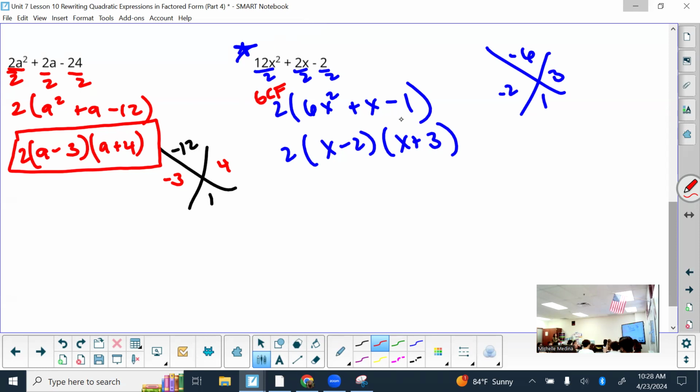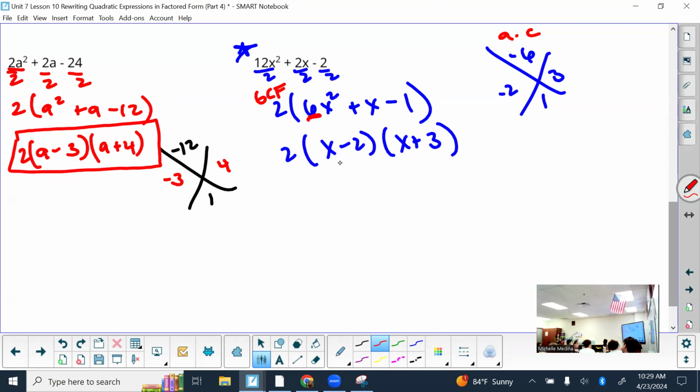Here's what I got from factoring it out. So divide each term by your GCF. This is what you get. Set up your diamond. 6 times -1 is -6. My B term is 1. Looking for two numbers that multiply to the top and add to the bottom. -2 and 3 make that work. Now I'm not finished here because A is not 1.